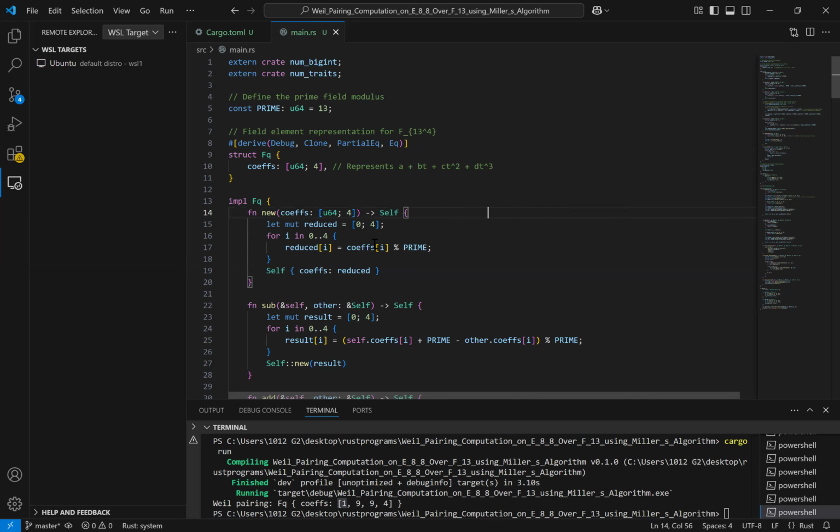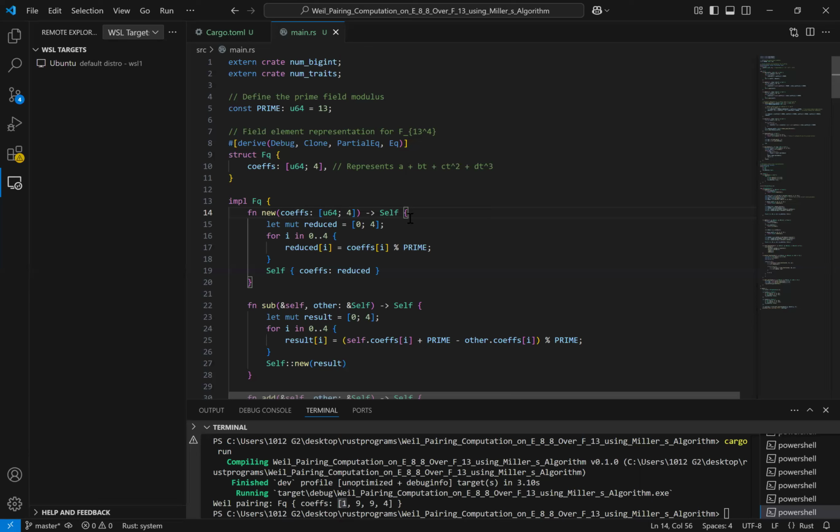This embedding degree will then assist us to come up with a polynomial. The polynomial we are reducing by, in this question, is t raised to 4 plus 2, which means t raised to 4 equals minus 2 mod 13. And so mod 13, this will be 11. So if anything becomes t raised to 4, t raised to 5, t raised to 6, I would reduce it mod 13.